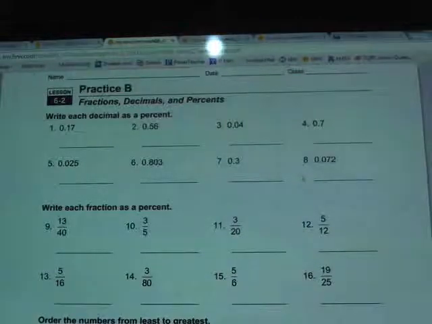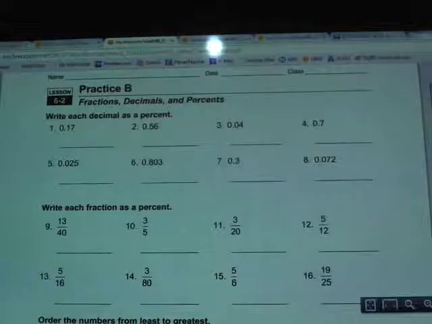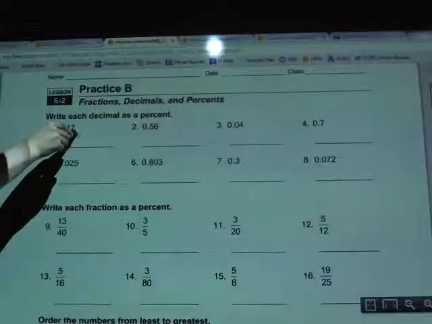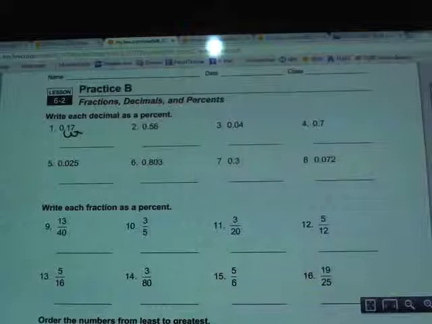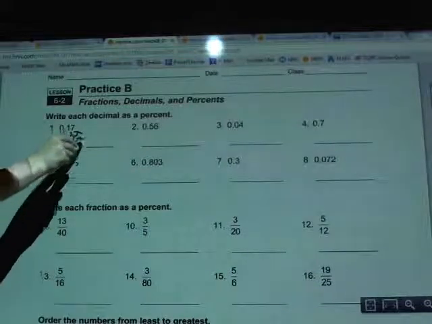We'll start with question 1, 0.17. Again, we want to move the decimal 2 times to the right. So that's going to change this from 0.17 into 17. And then we're going to add a percent sign after it, and we're going to end up with 17%.